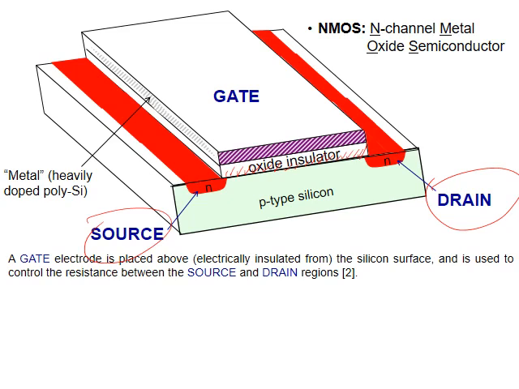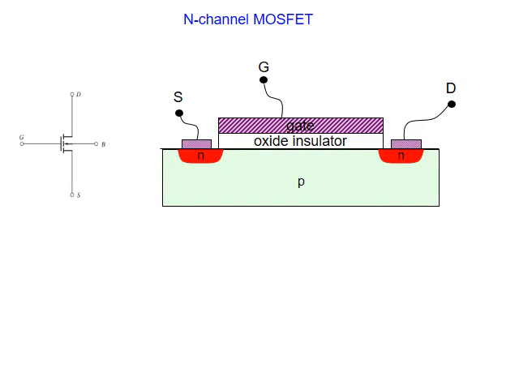We have NMOS and PMOS. NMOS is the N-channel metal oxide semiconductor, and PMOS is the P-channel metal oxide semiconductor. We'll also talk about the length of the gate and how it affects the characteristics of the MOSFET.